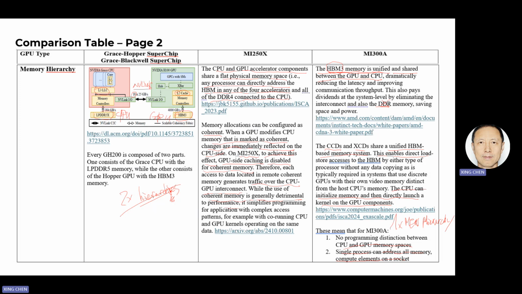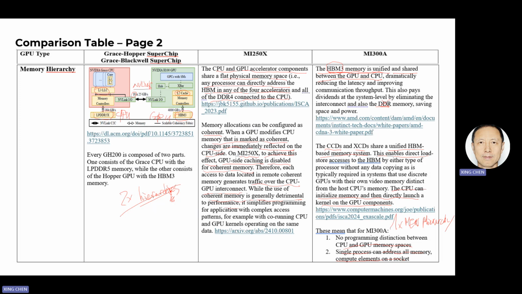You don't need to care about that because the memory system, the virtual memory, has been unified. So it can be done without this data copy in, copy out. That is the programmers' benefit.